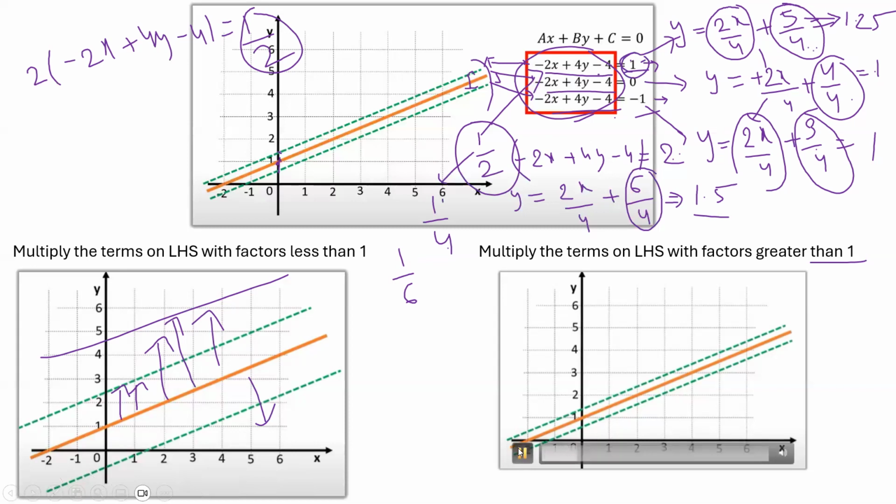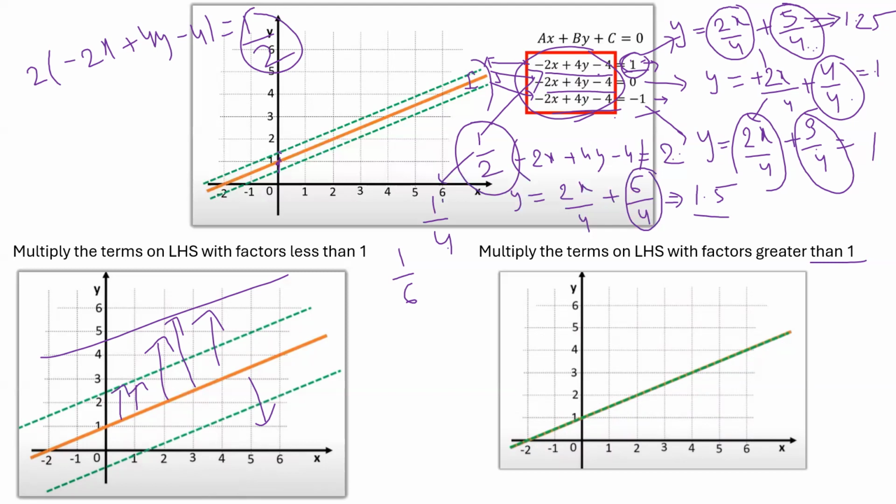If you look at this, as we keep on multiplying the values, the intercept will keep on decreasing and they will merge with this line at some point. Okay, so this is how we find some parallel lines at some distance, so that when we multiply with some factors, the lines are moving away from that line or moving close to it.